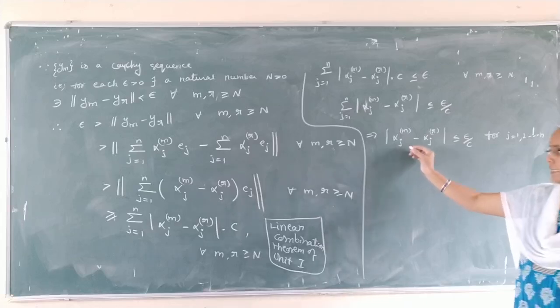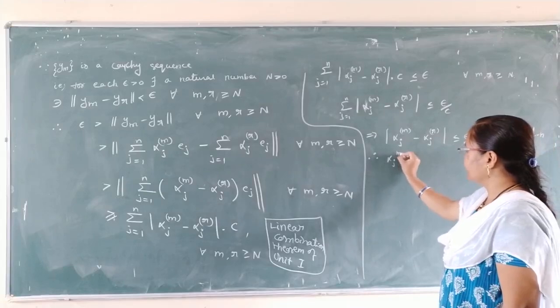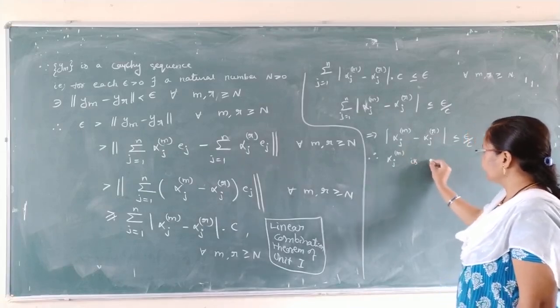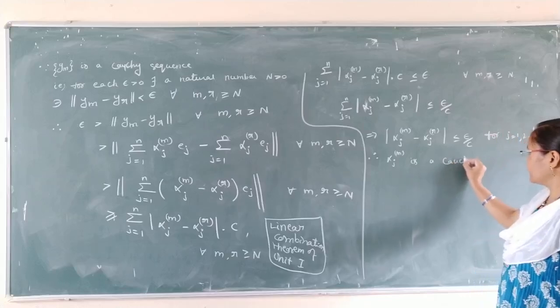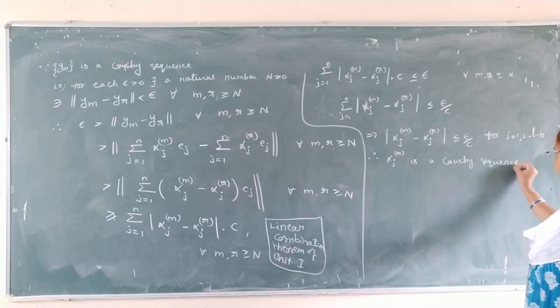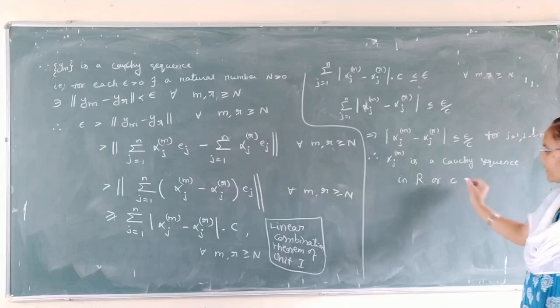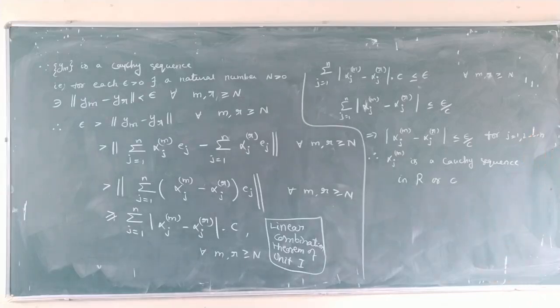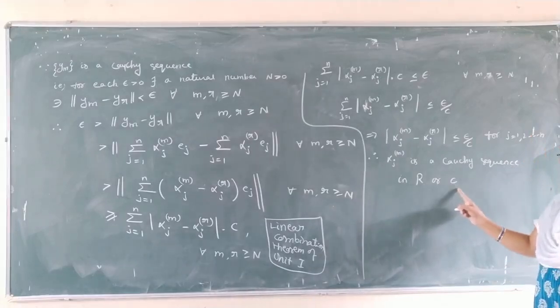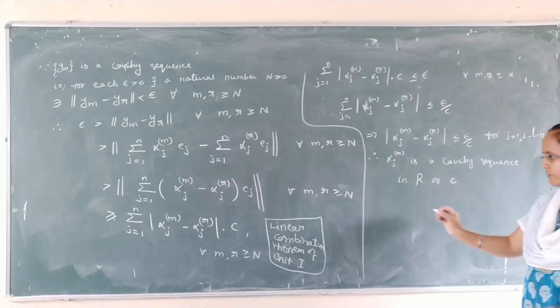Therefore alpha jm is a Cauchy sequence in either R or C, either real numbers or complex numbers. Since R and C are complete, it is convergent also.